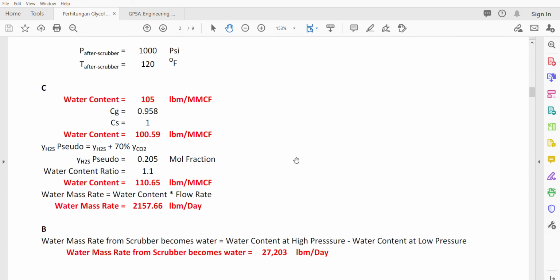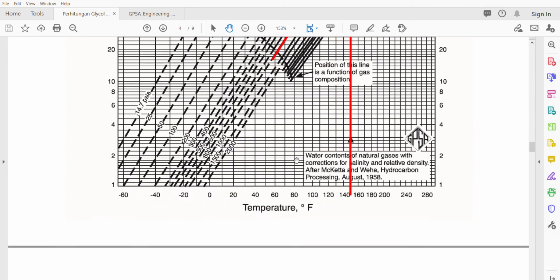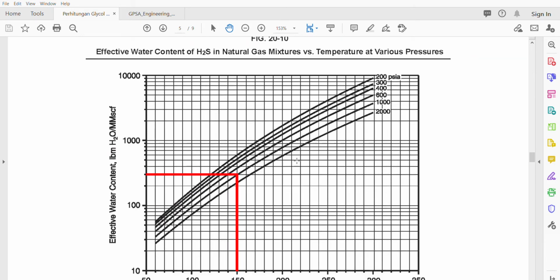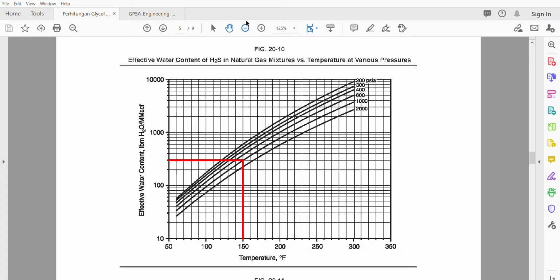And let's go to this graph 2010. So this is the 2010. So a little bit, okay, minimize a little bit. So this is how we come up with the water content. So the temperature is 150, and we find that our pressure is 1000 psi.